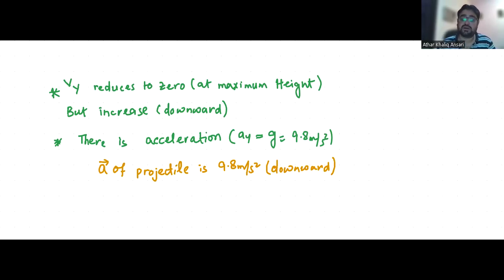Now if I talk about the total velocity, let's say this is the same projectile, so it starts the motion from here till here. What will be the total amount of velocity from the beginning?